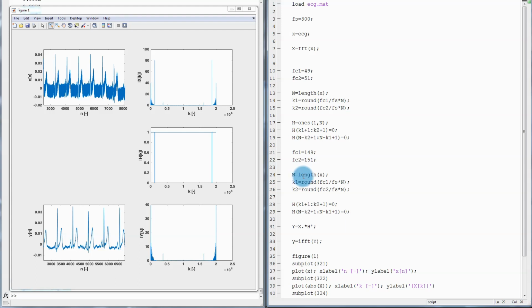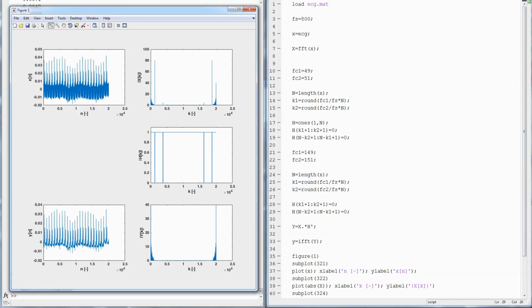And when I do that, I will end up with a frequency characteristic which looks like this, and you can see that now I have these two additional dips which correspond to these spikes that correspond to that third harmonic of the power noise interference. And you can see that now in the spectrum even these spikes of the third harmonic are gone, and the ECG has slightly less noise in it.